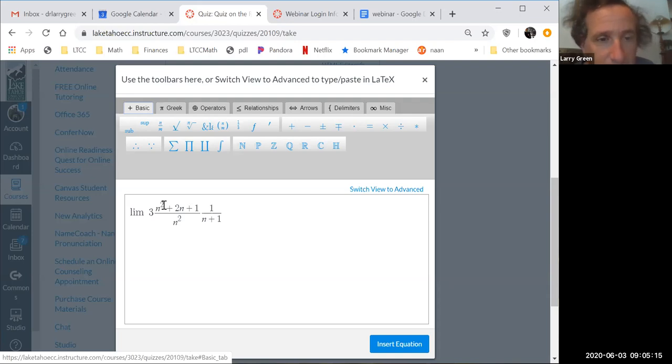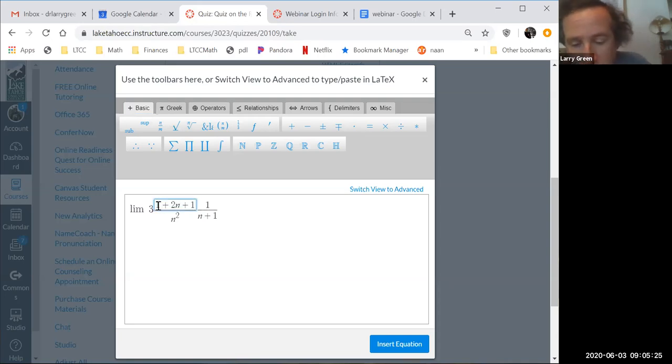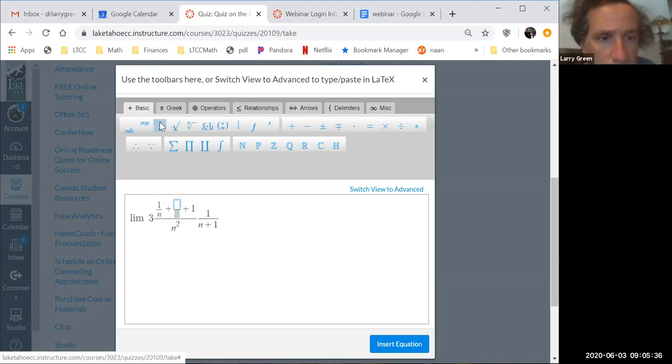If I divide by n cubed, then what I get in terms of top and bottom is this n squared becomes 1 over n. The 2n becomes 2 over n squared. And the 1 becomes 1 over n cubed.